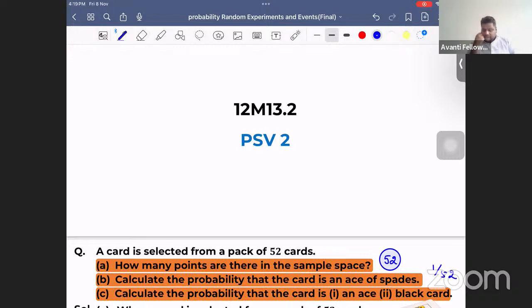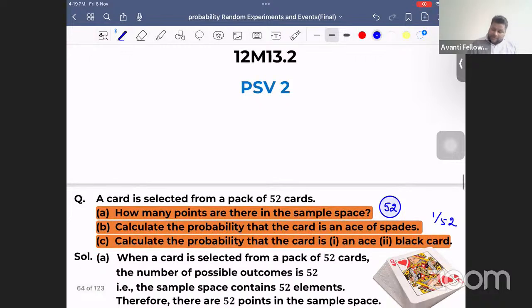Next one, that the card is an ace and a black card. So how many black aces are there? 2. One is of spade, one is of club. So the answer will be 2 by 52. Am I correct?